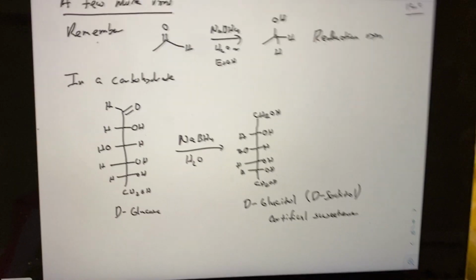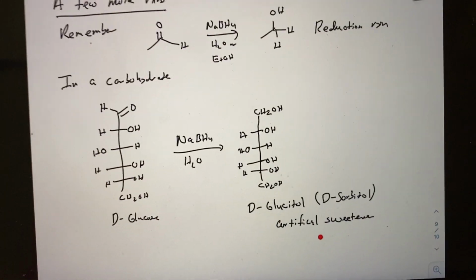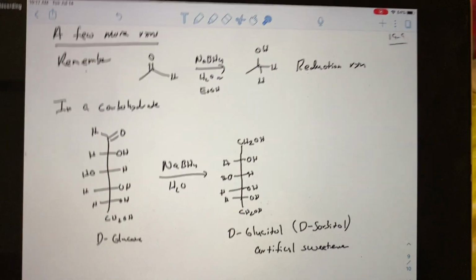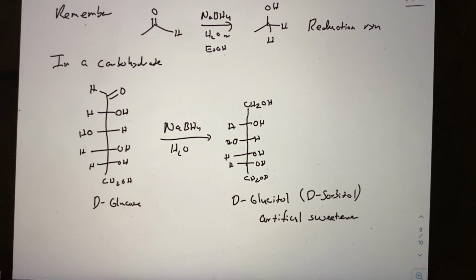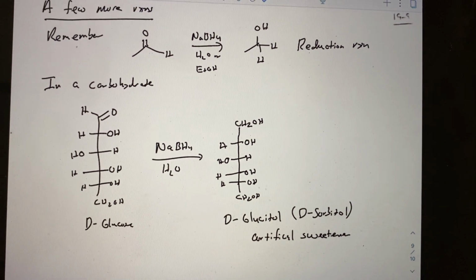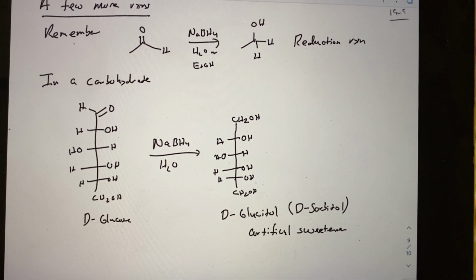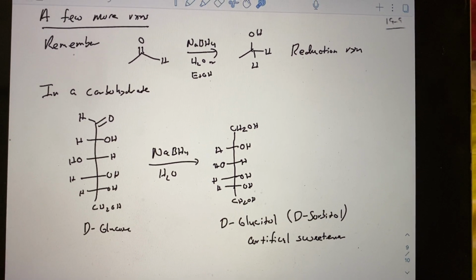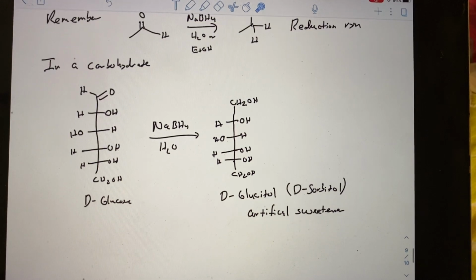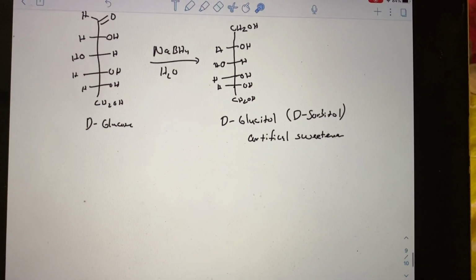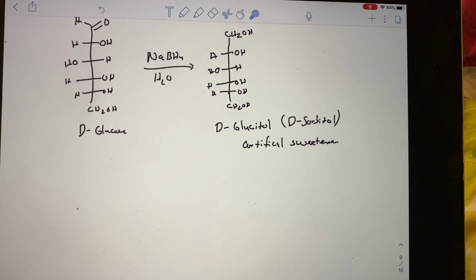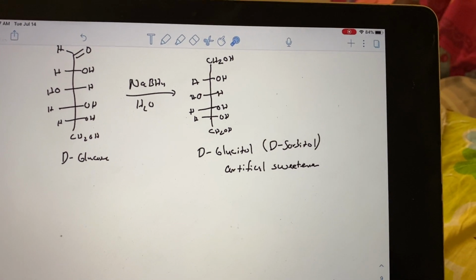I forget if it was this one or not, whereas it's something like our taste buds are maybe more than 1,000 times more sensitive, so you can get away with using 1,000 times less of the sugar. Oh, it still tastes good though. I'll scroll up, try to leave that on the screen. So that's a reduction reaction.